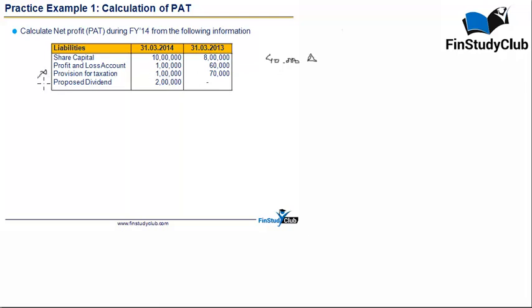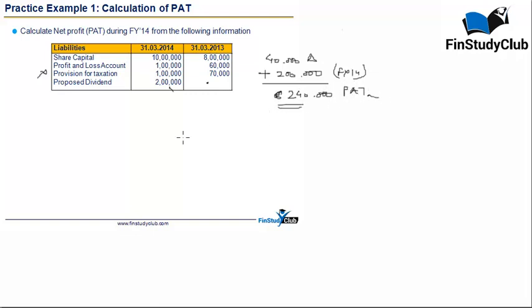The dividend proposed, from 0, has become 200,000. That means during fiscal year 14, you would have proposed a dividend of 200,000. So your total profit after tax would have been 240.